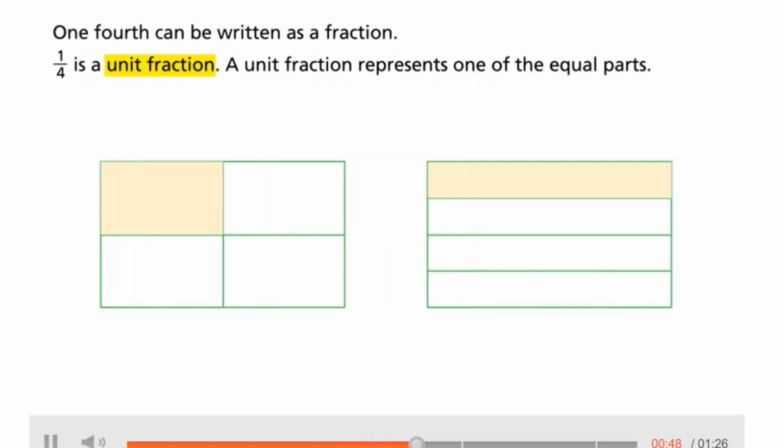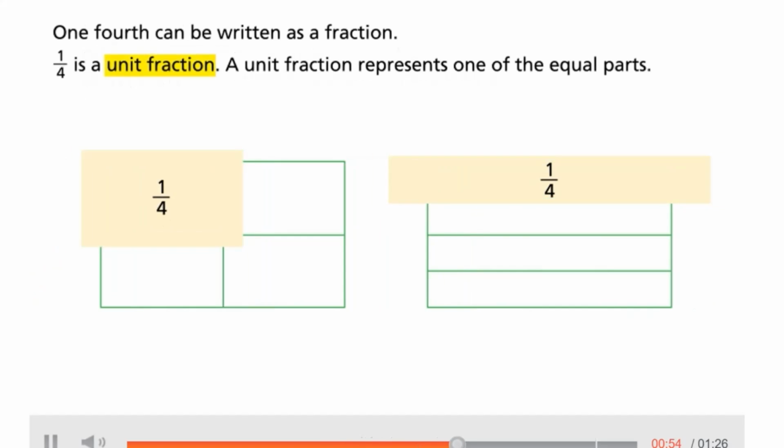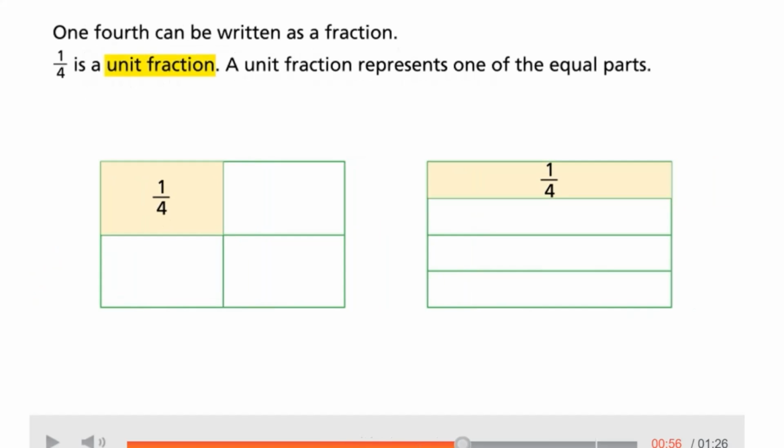1/4 can be written as a fraction. 1/4 is a unit fraction. A unit fraction represents one of the equal parts. Now, when we're talking about unit fractions specifically, unit has the prefix uni in it, which means one. So a unit fraction shows you one piece out of the whole.